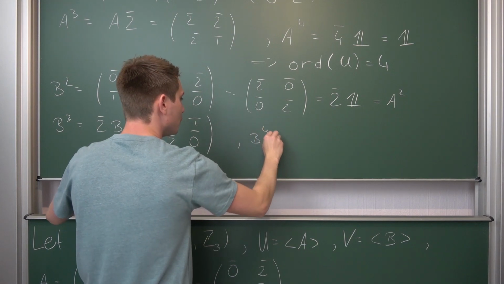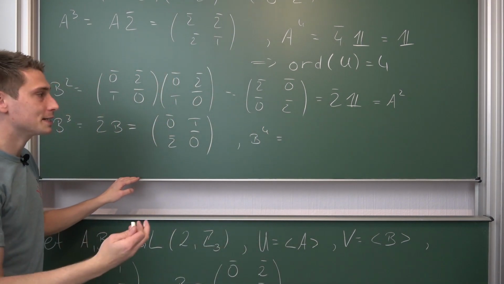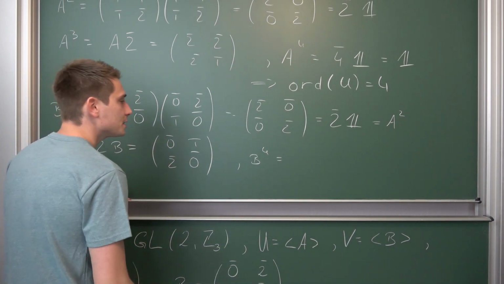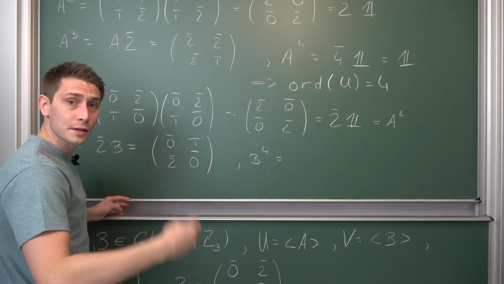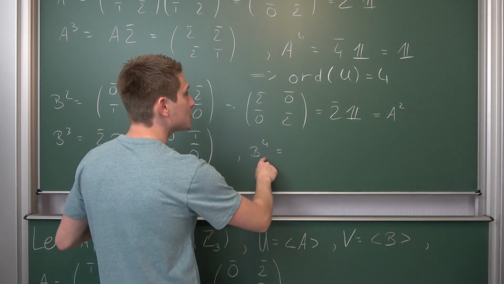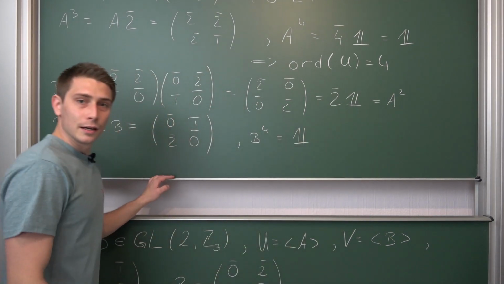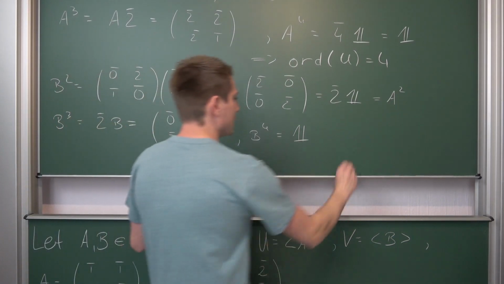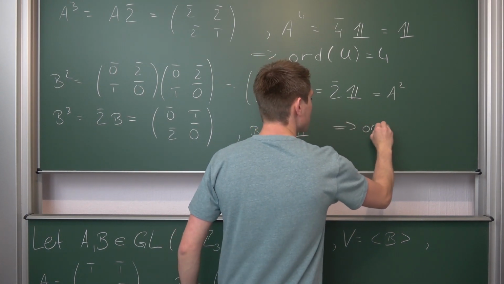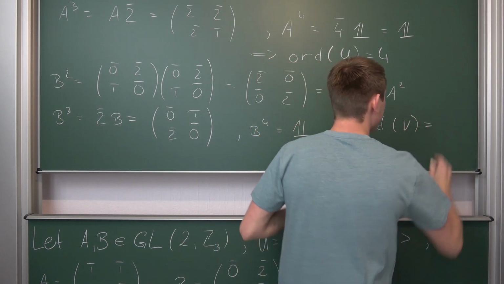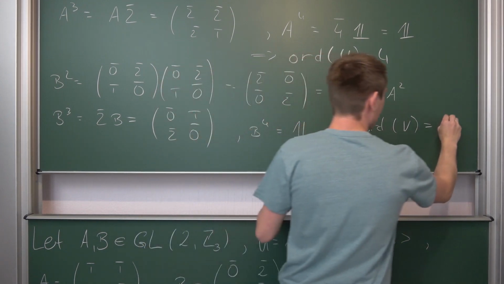B to the 4th power. You might have guessed it, by the same arguments, it's nothing but b squared times b squared, which is going to be the same as a squared times a squared, which is the identity matrix. Overall, this tells us yet again that the order of V is thus nothing but 4, just like with the order of U.